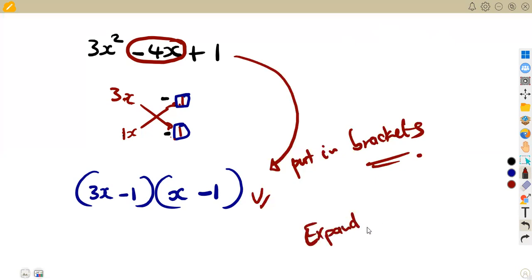When the question is asking you to expand, you are removing brackets. So these are the two things that you have to consider. To factorize, you must see your answer in brackets. Expand, you are not supposed to see any bracket. You are supposed to remove every bracket that you are given.